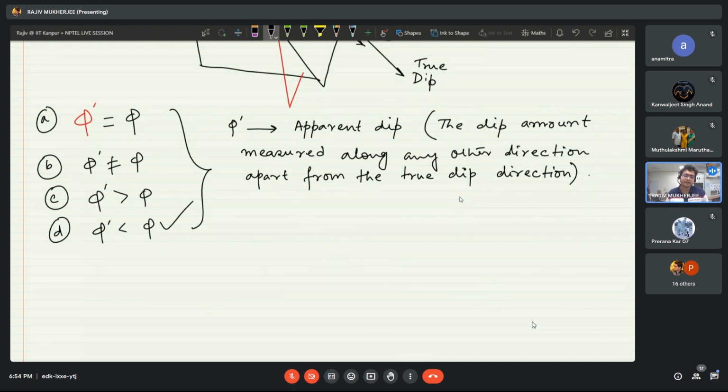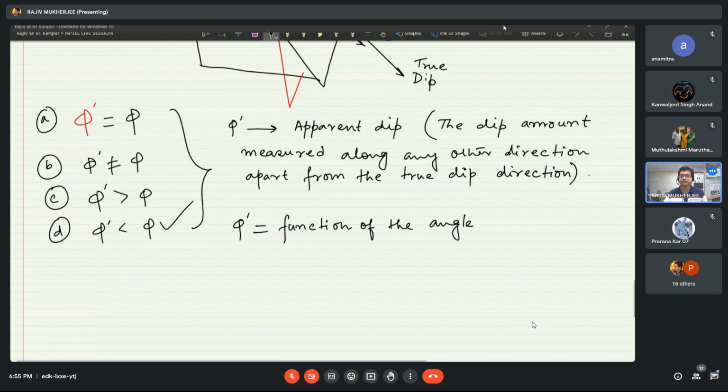If this is the apparent dip amount, so the apparent dip is basically a function of the angle between, say for example, this one.